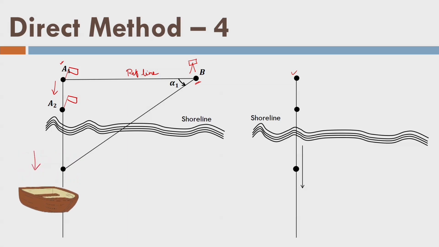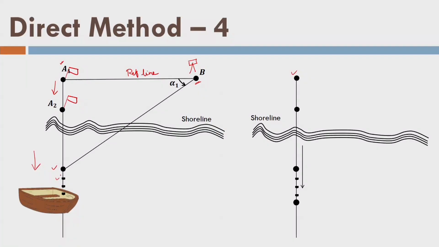So then the boat will go to the next position, and again from this position to this position, we are measuring the time. Let us say we have a clock and we are measuring the time, and every 5 seconds or 10 seconds or maybe every 30th second, we are measuring the sounding.